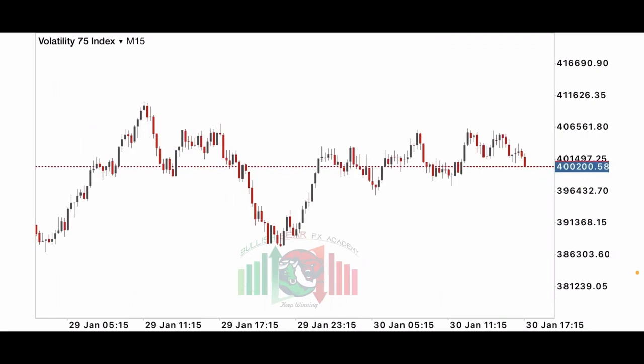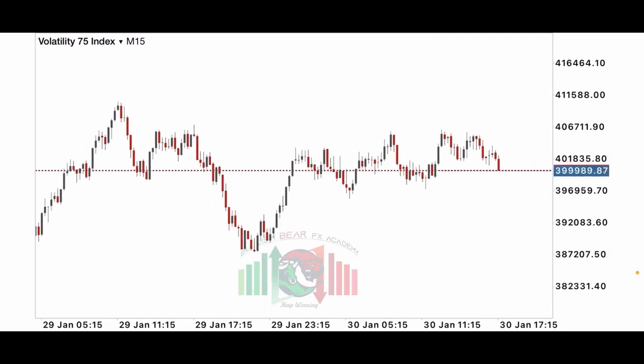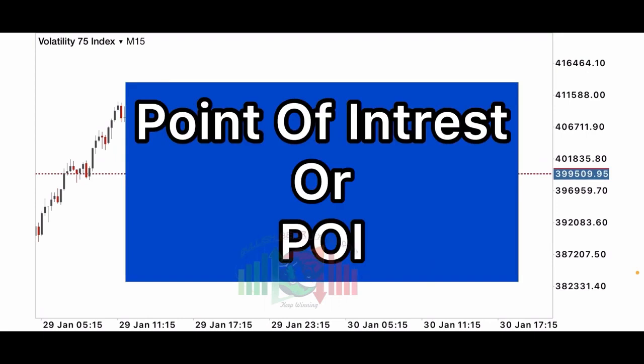Today we'll be talking about how to mark out your zones when analyzing your market. Now, first of all, the question is, what is a zone? A zone simply means a point of interest. A lot of people call it POI.